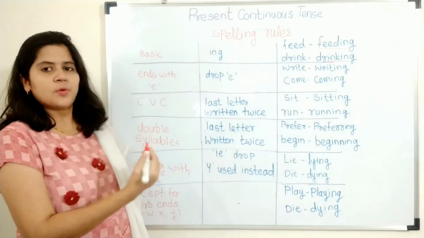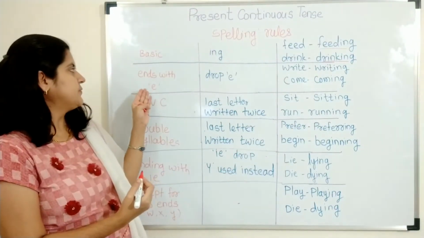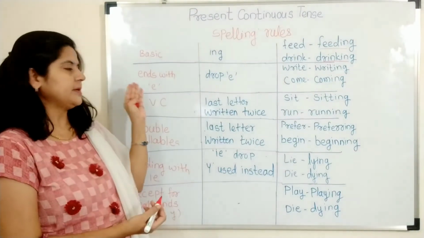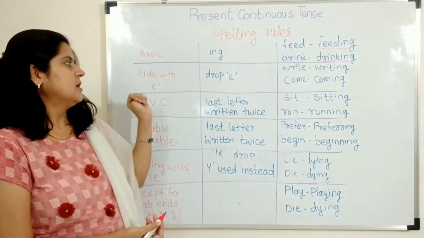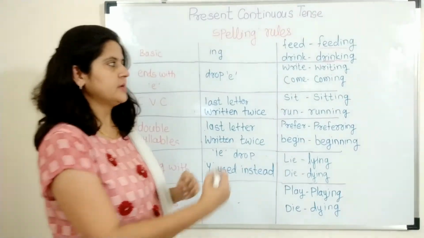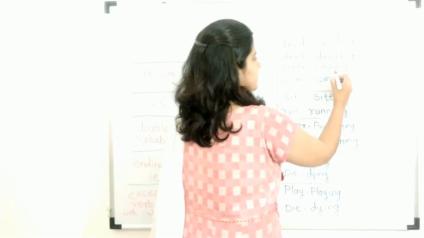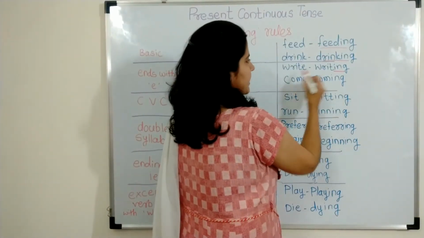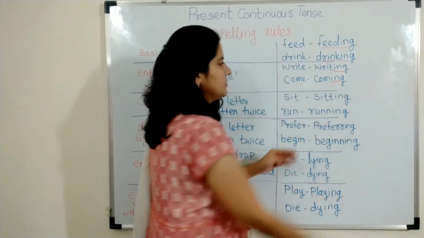Then some words end with e, which is a vowel. In that case we simply drop the e and write ing. Write becomes writing, come becomes coming.